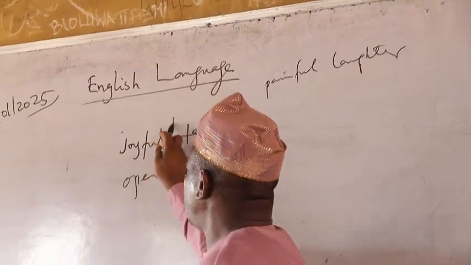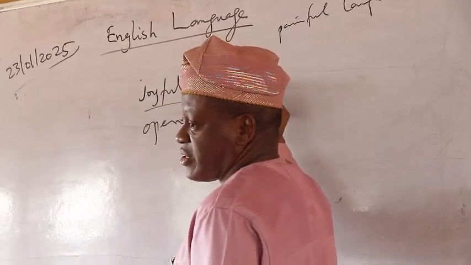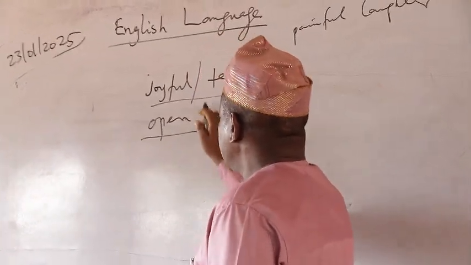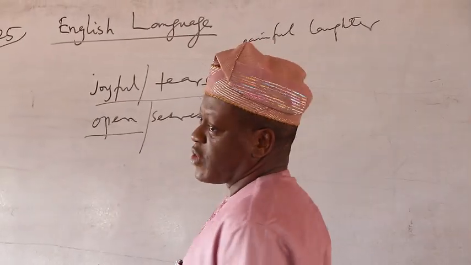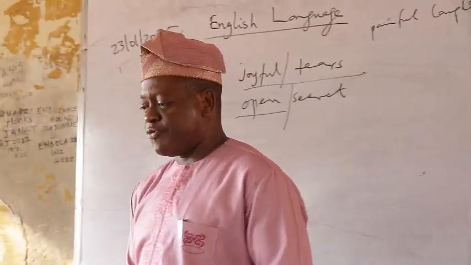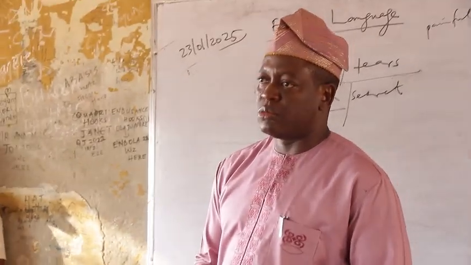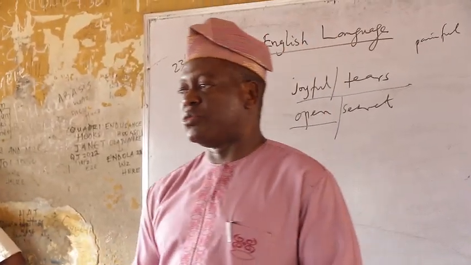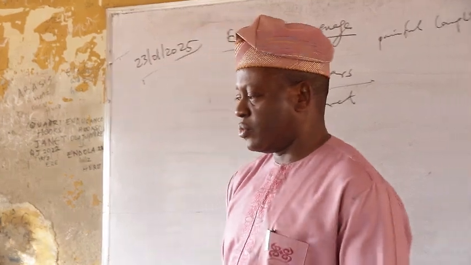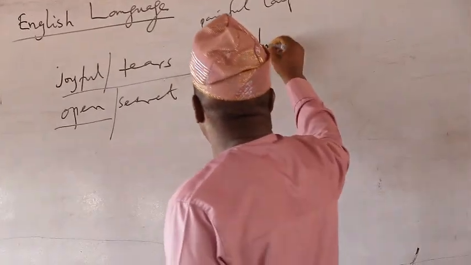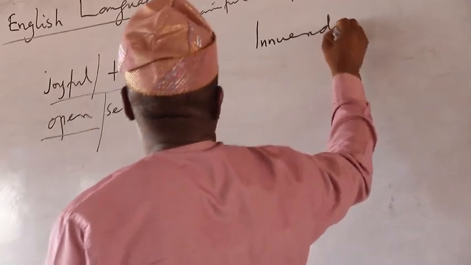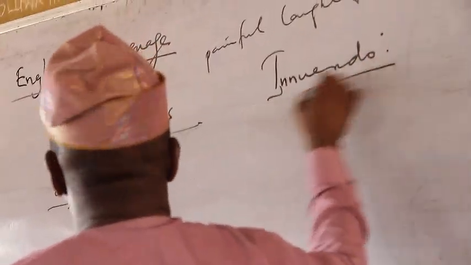Ordinarily, what is joyful is not supposed to be in tears. Open is the opposite of secret. Painful and laughter. They are all examples of oxymoron. Oxymoron. Innuendo. That's another one.